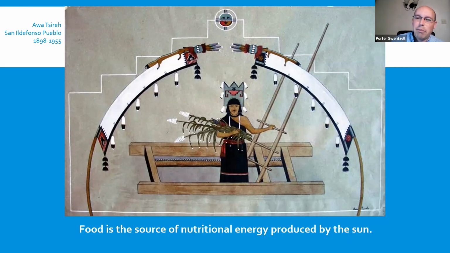I like to point this out because not just Pueblo communities, but indigenous communities across the world have recognized photosynthesis, not called photosynthesis, but recognized the value of that, and made sure to pay respect to the sun and to that which gives us the life to survive.